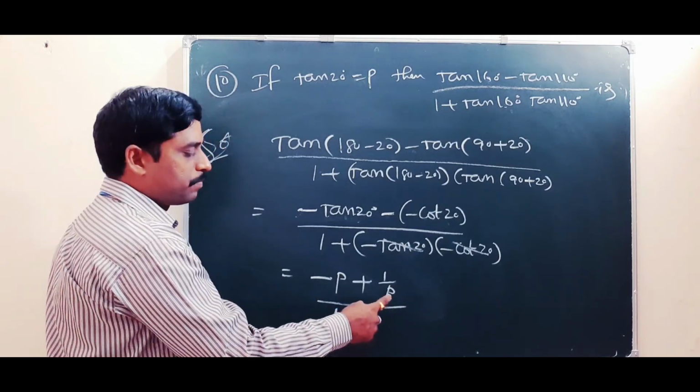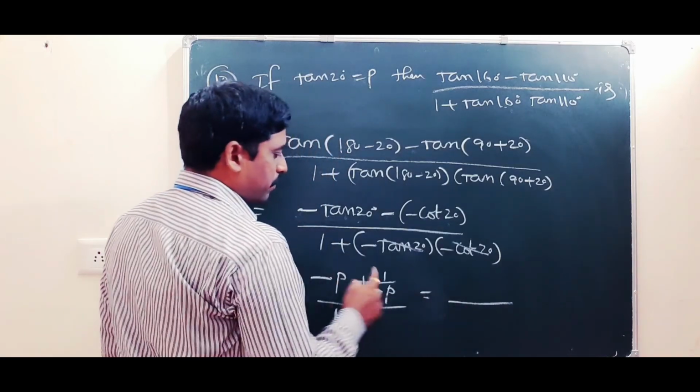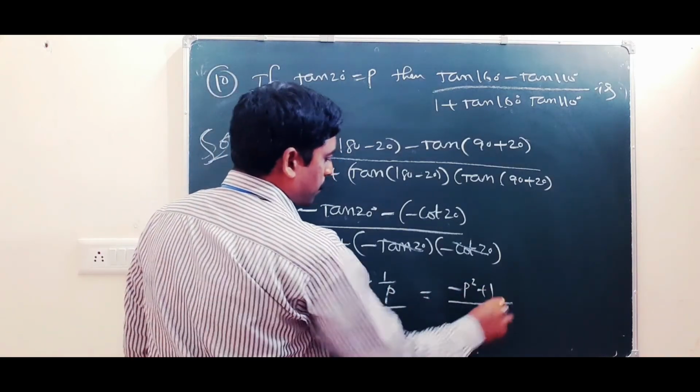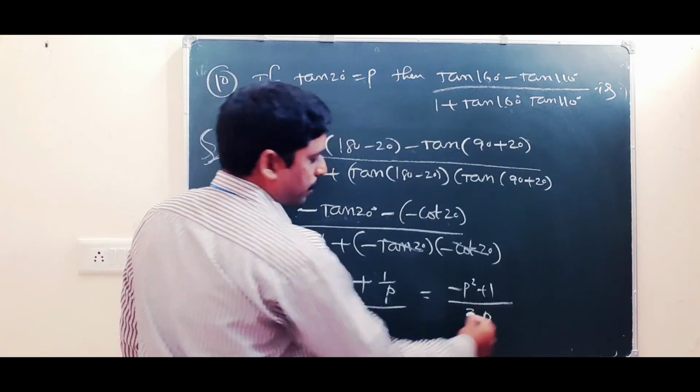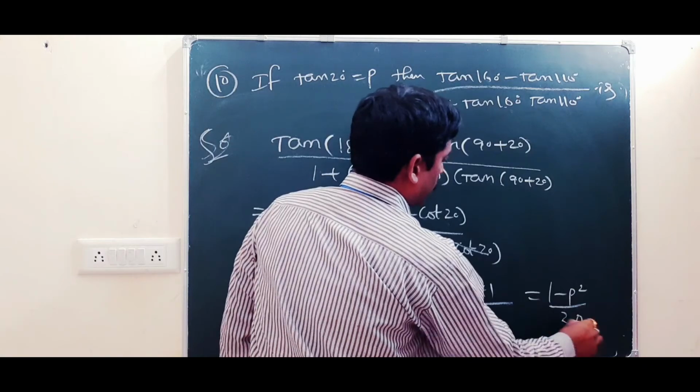So let us do the LCM. P LCM: minus P square plus 1, minus P square plus 1 by 2P. So what is the answer? 1 minus P square by 2P. This is the answer.